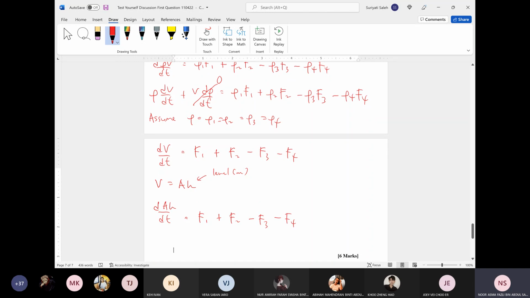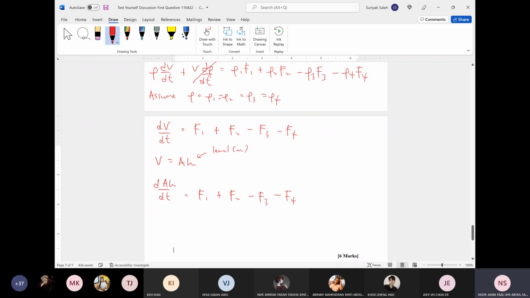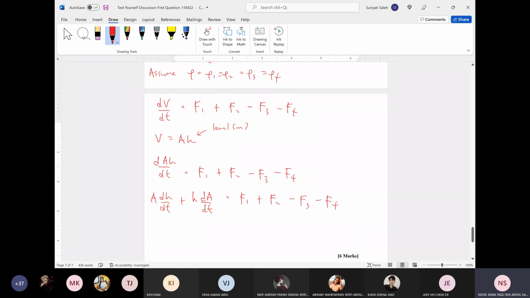Based on the expansion, A dH/dt plus H dA/dt equal to F1 plus F2 minus F3 minus F4, where the cross-sectional area against time will be equal to 0.